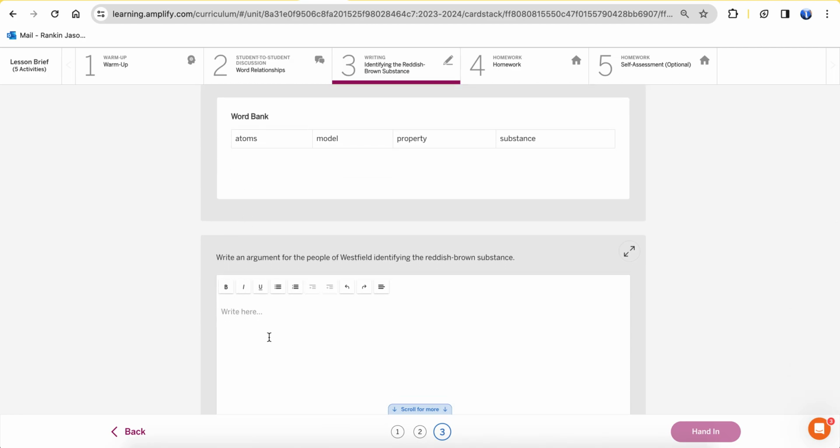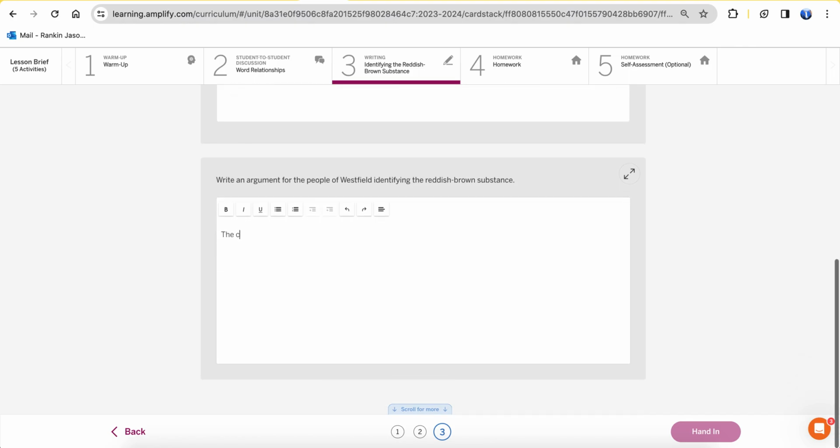When you're writing your argument, make sure to include the claim. Claim goes first, followed by maybe your visual evidence.